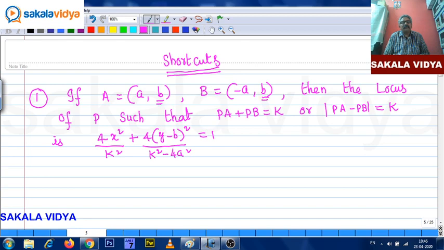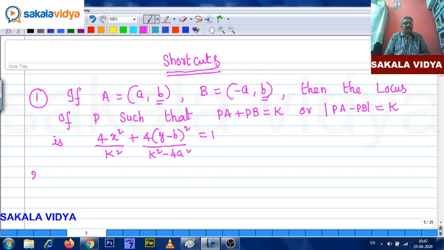Whenever y coordinates are equal, a will be numerically equal but opposite sign, x coordinates will be a, minus a. Then PA plus PB is equal to K or PA minus PB is equal to K, same shortcut we need to apply. First 4x square by k square plus, here very important, here b is same, so 4 into y minus b whole square by k square minus 4a square is equal to 1.